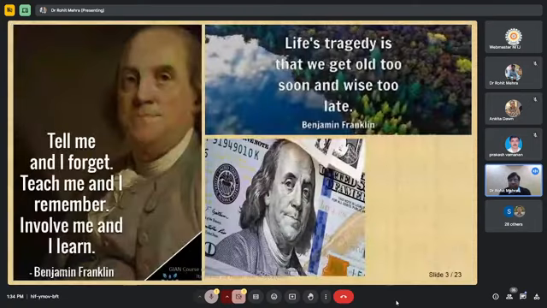And based upon this, Benjamin Franklin was the only person whose picture was published on the United States dollar currency. So he says basically life is a tragedy: that we get old too soon and wise too late.